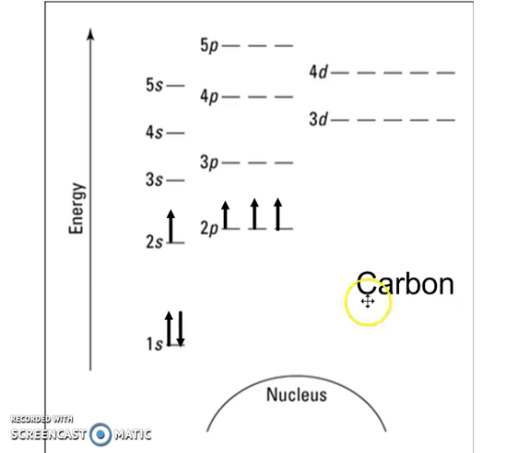Now it's showing that it has 4 empty spaces next to each one of these, and that it can actually hybridize and go into what they call a 2sp3 orbital.